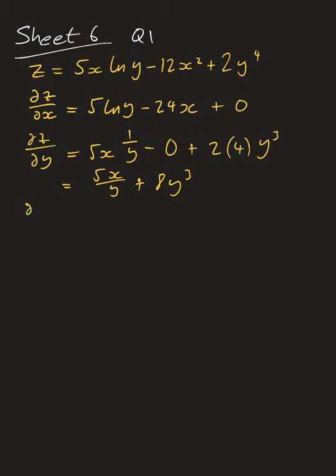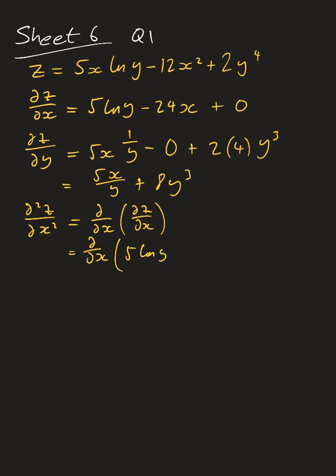Next, the second derivative with respect to x, del 2z del x squared. That is, again with respect to x, the partial derivative of del z del x. So that's equal to the derivative of del z del x, which was 5 log y minus 24x.